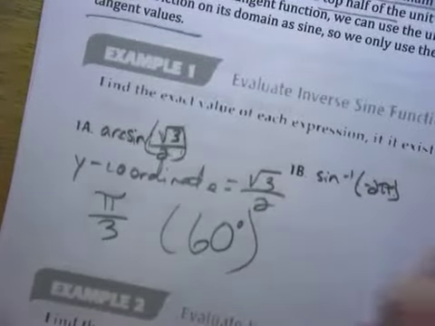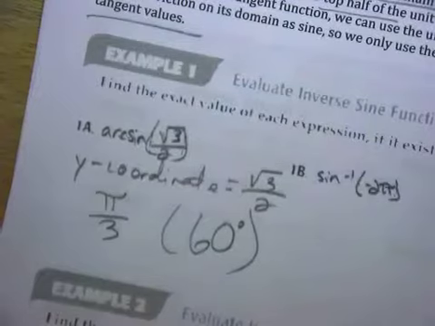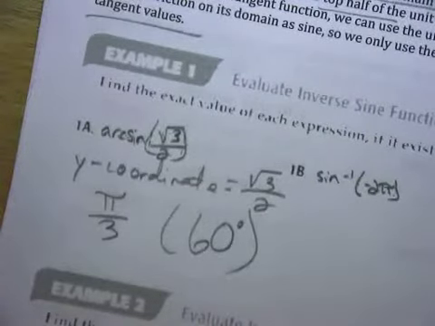Either of those answers is correct. The instructions didn't specify whether we wanted the answer in radians or degrees. Eventually, we'll probably be giving the answer in only radians when we are solving trigonometric equations next chapter.